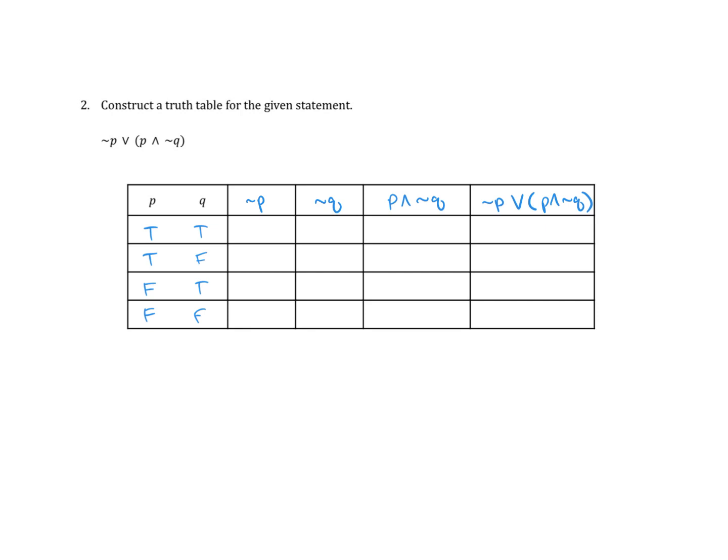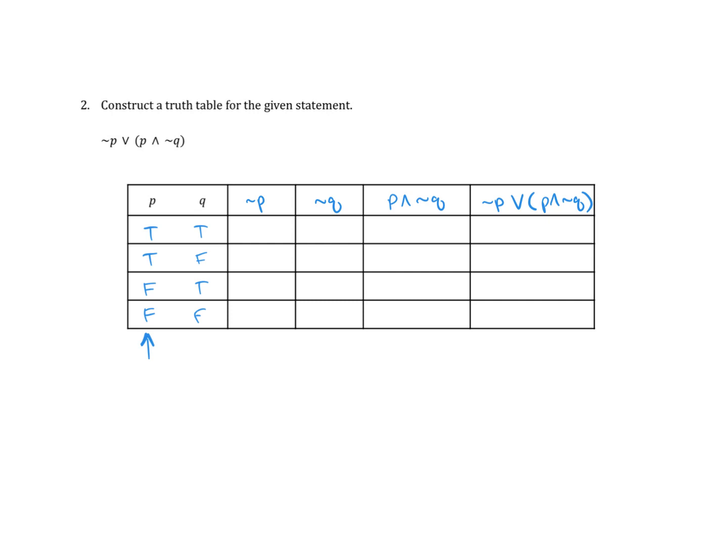Now for my first step, I'm going to negate P. So I look at the P column, and I'm just going to use a little arrow to point to where I'm looking. So in that P column, I take all those truth values and switch them to their opposite.